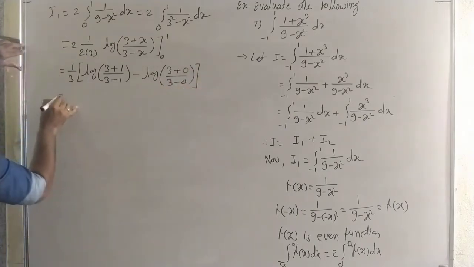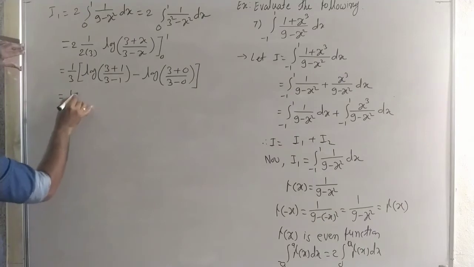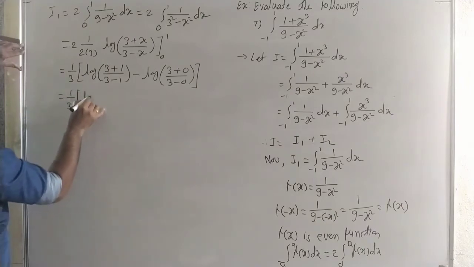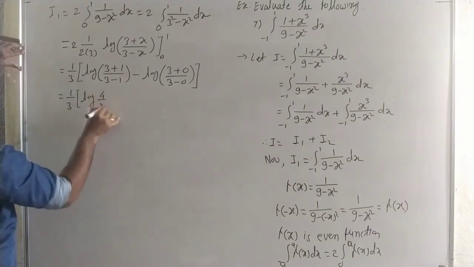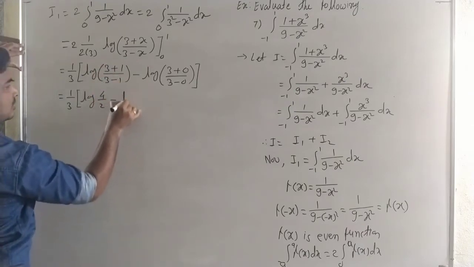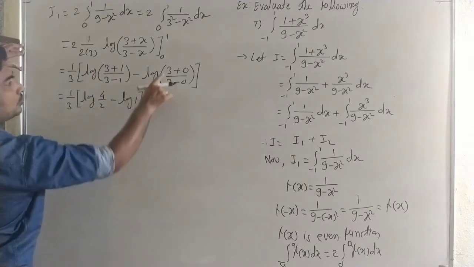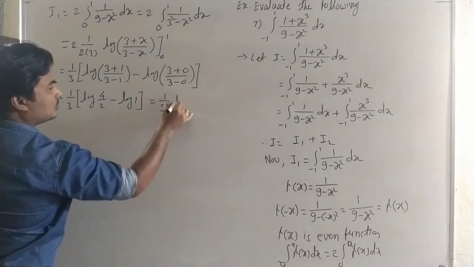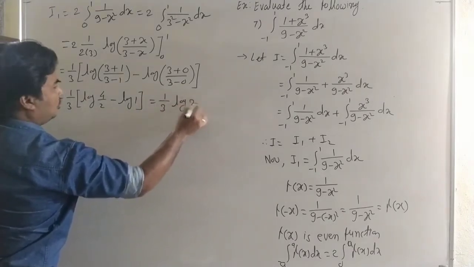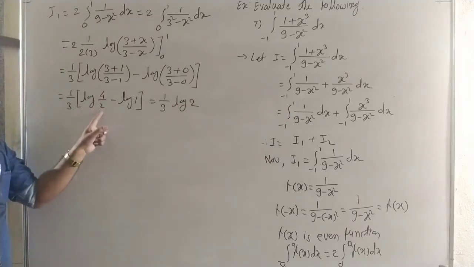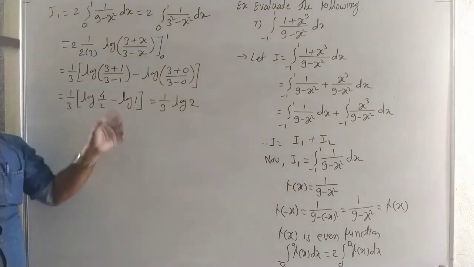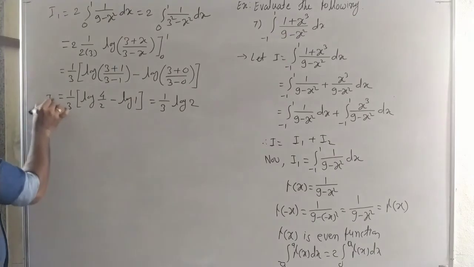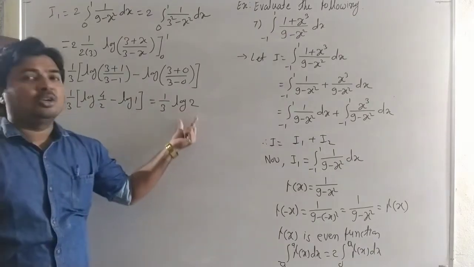See carefully, this is log of 4 by 2 minus log of 3 by 3. Then this is 1 by 3 into log 2, since 4 by 2 is 2, and log 1 is 0. Therefore I1 is equal to 1 by 3 log 2.